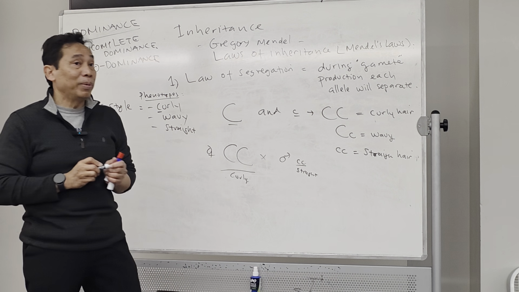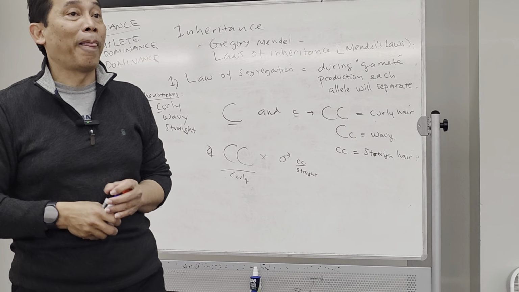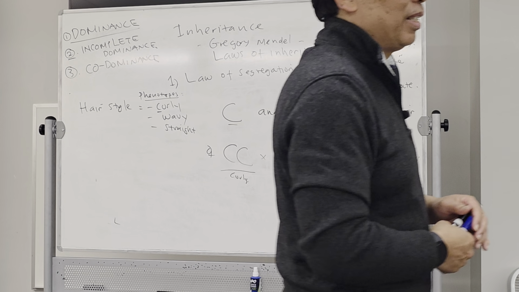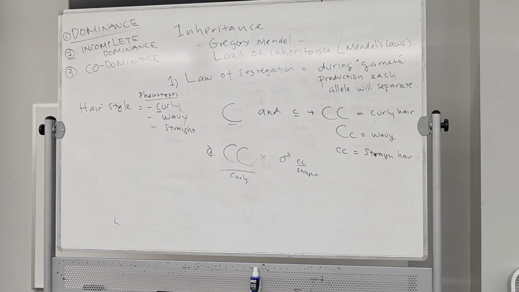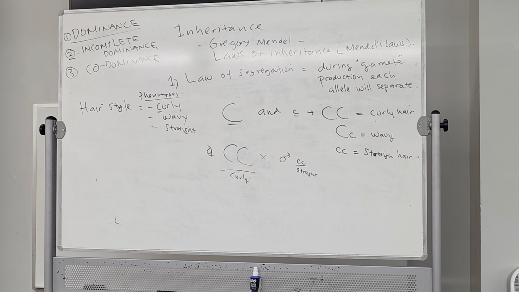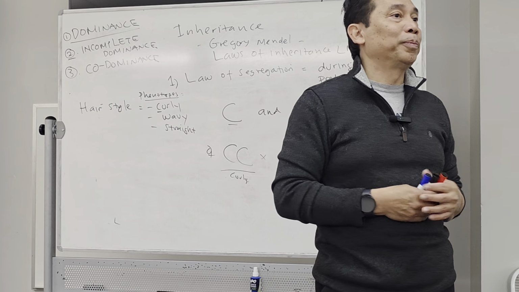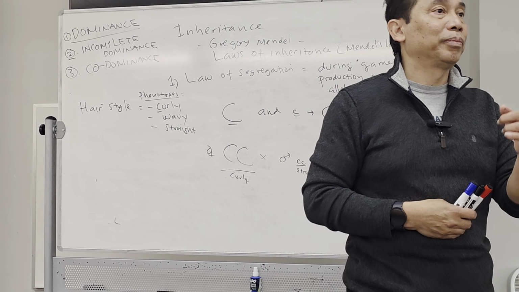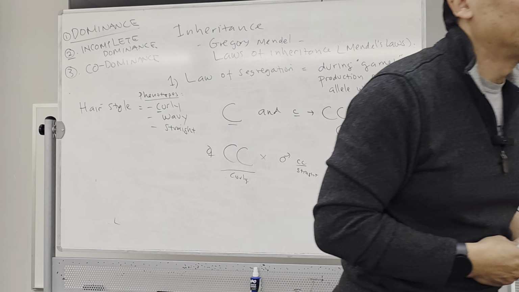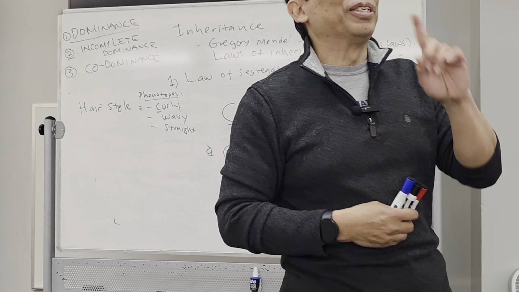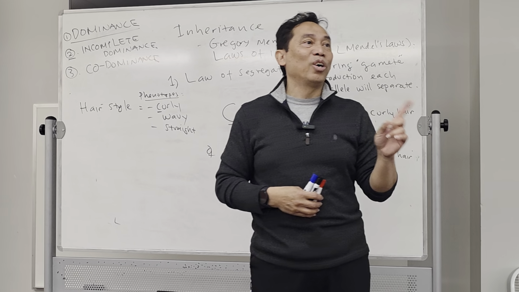Now, what are the children going to be? How many of them will be curly? Ethan, how many of them will be curly? Sydney, how many of them will be curly? How many percent? Sarah, how many will be curly?